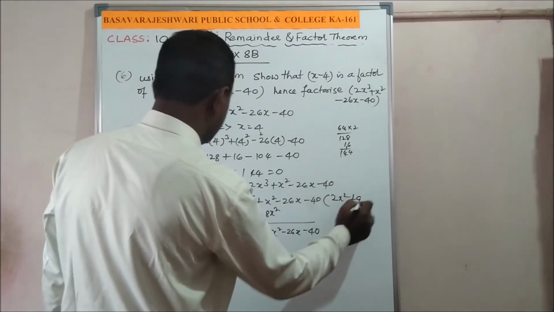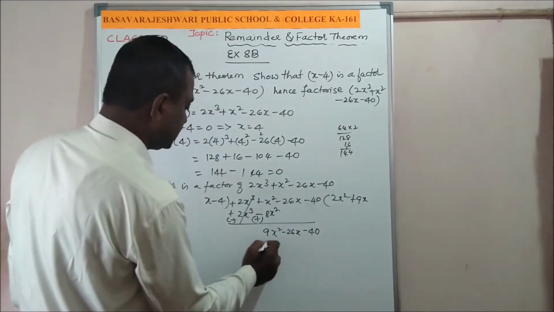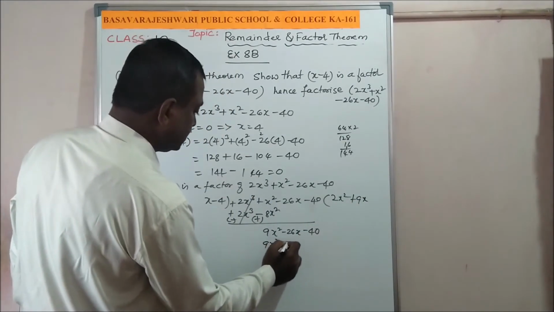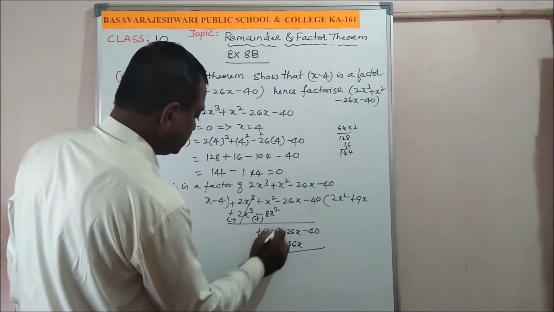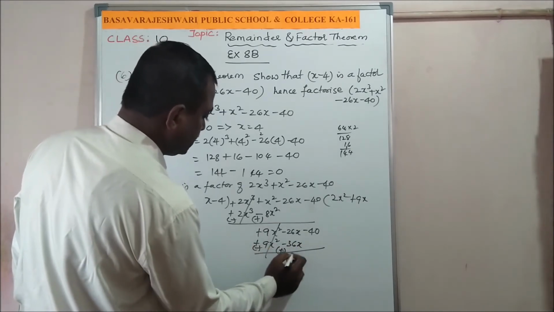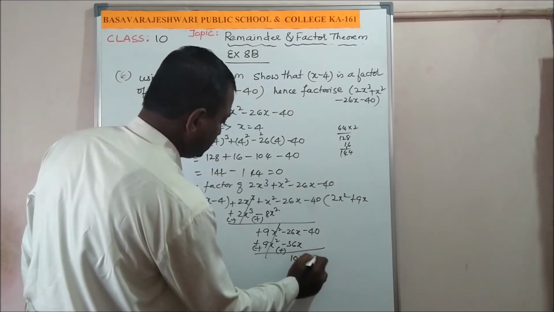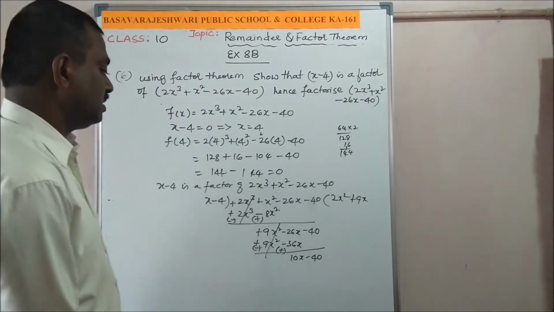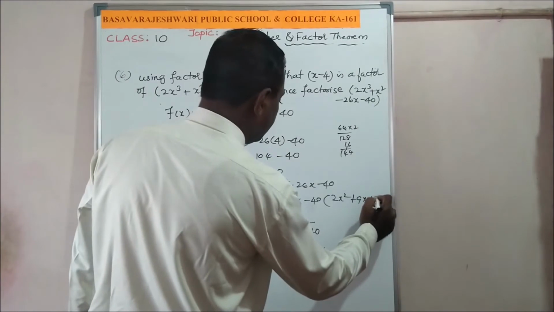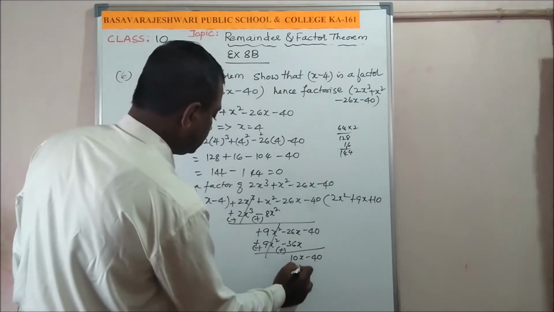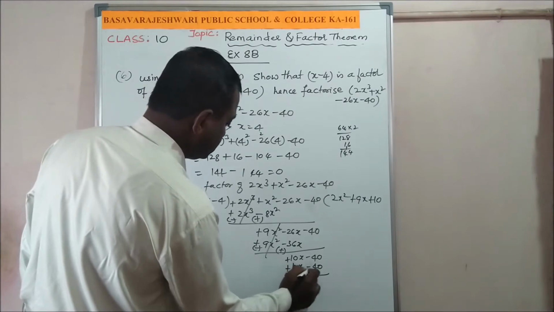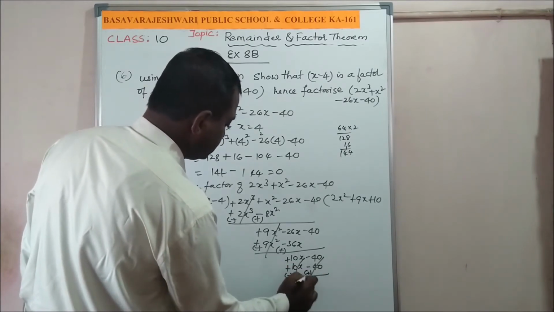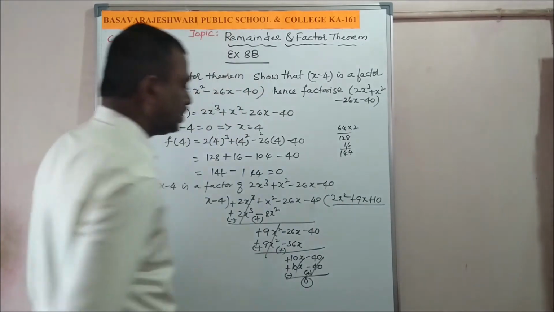Plus 9x square minus 36x. Plus, minus, 10x minus 40. Plus 10x minus 40. Plus, minus cancels, 0. So this is the quotient we got.